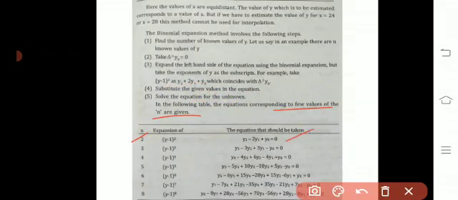If there are three known values, then n equal to 3, and the equation is y3 minus 3y2 plus 3y1 minus y0 equal to 0. Similarly, if there are 5 known values, then the equation is y5 minus 5y4 plus 10y3 minus 10y2 plus 5y1 minus y0 equal to 0.